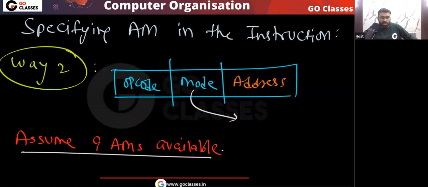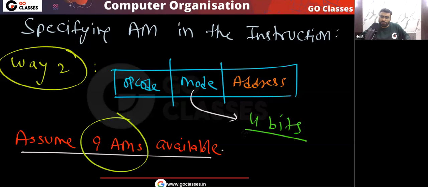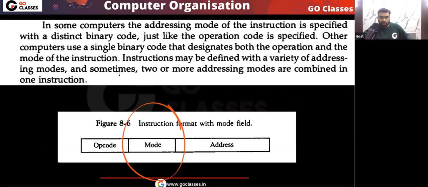You need 4 bits. Is this clear? So that's it, very simple.